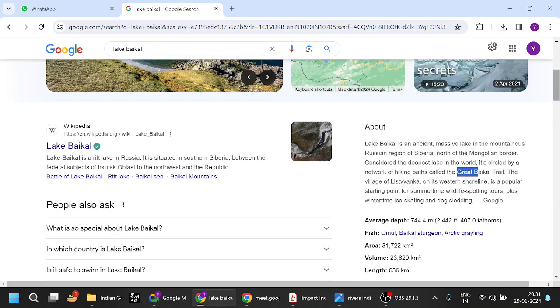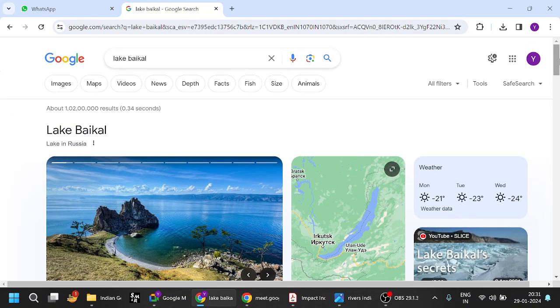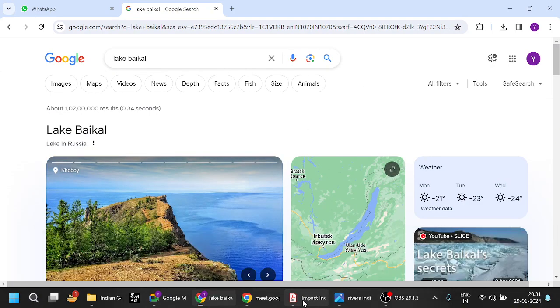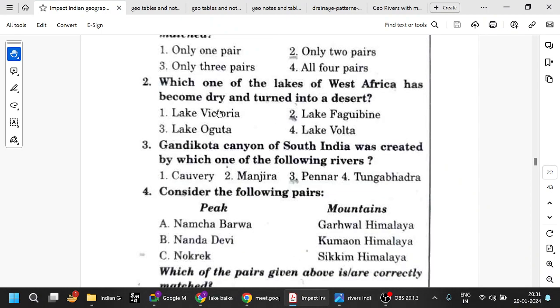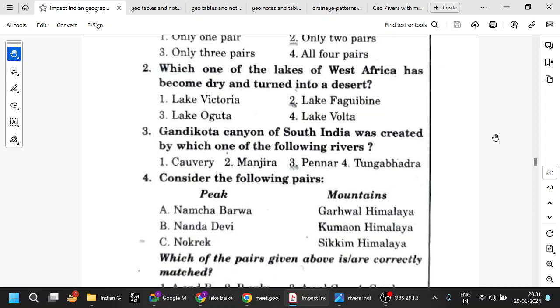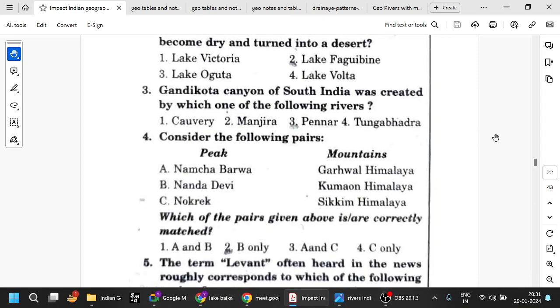Lake Baikal is also in Russia, and other lakes which we have seen. Lake Victoria is in Africa, and Lake Fegui in West Africa has become dry and turned into a desert. Now we are coming to Peninsular River. Gandikota Canyon of South India was created by which one of the following rivers? Gandikota Canyon. Let us look at where it is.